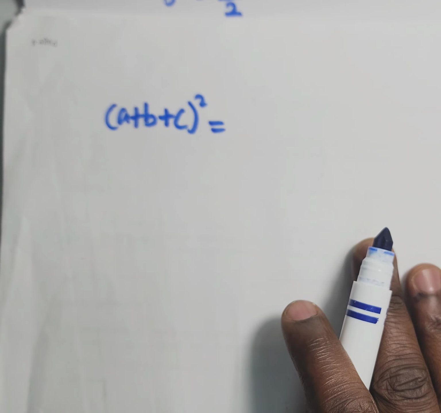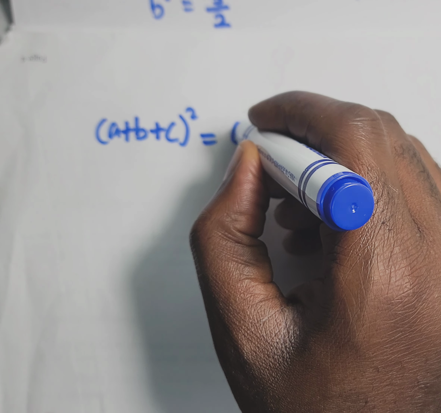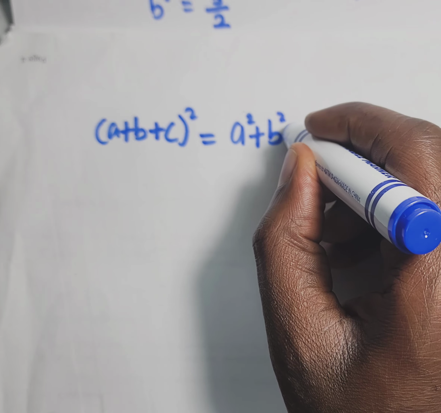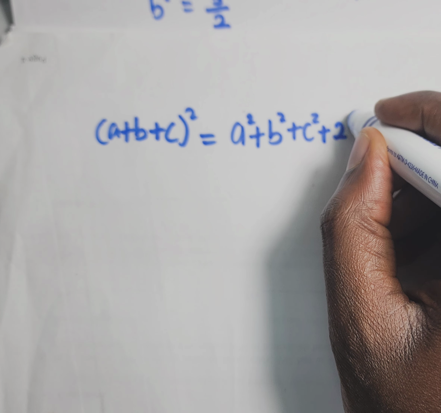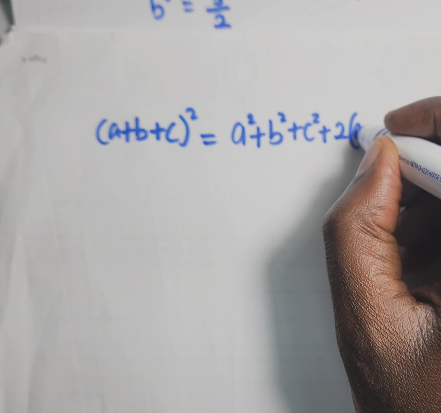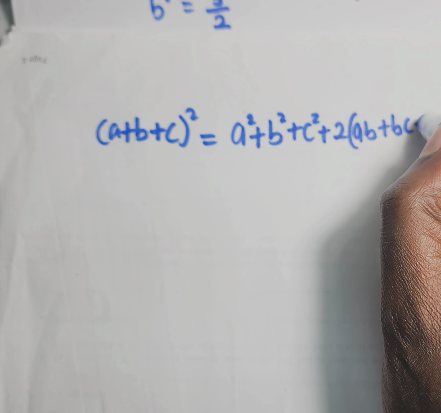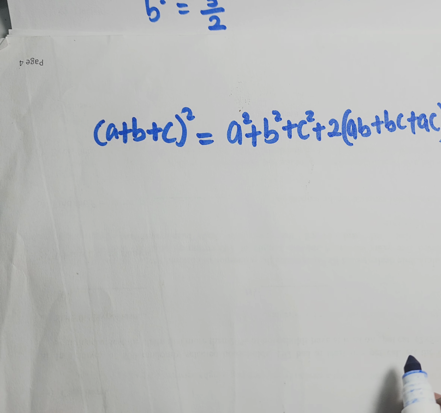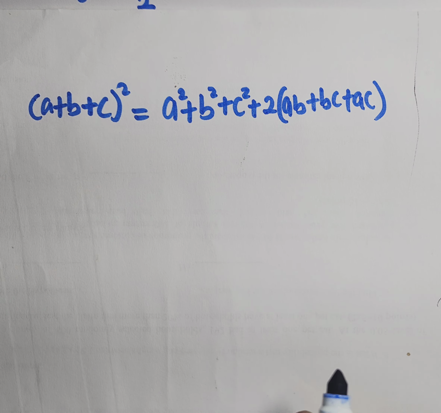If you try to expand, or let's say you distribute this, this is going to be equals to a squared plus b squared plus c squared plus 2 in parentheses ab plus bc plus ac. This is what you're going to get.